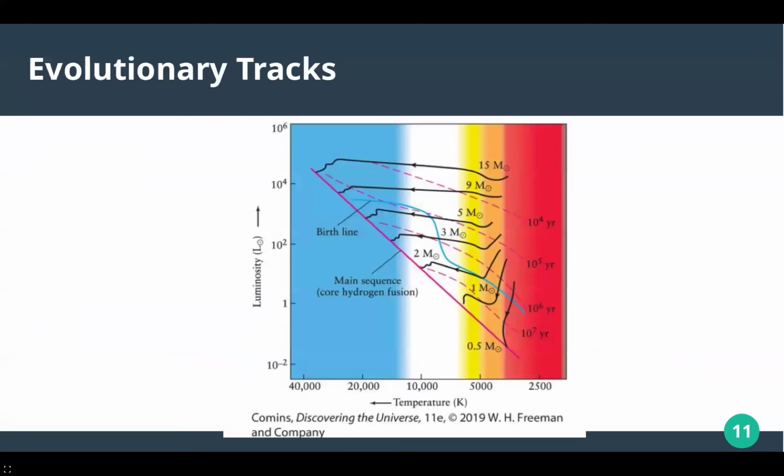Here you'll see the evolutionary tracks of different masses as they become main sequence stars from pre-main sequence stars. What you'll see is a more gradual decrease down the HR diagram as you start out with large stars such as the 15 solar mass star at the top, whereas it is a very kind of violent decrease down in the red region, down and to the left, as you start out with a 0.5 solar mass star.